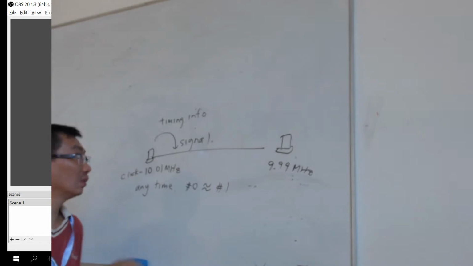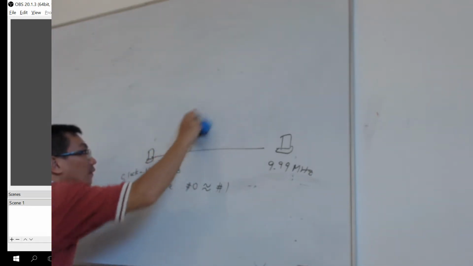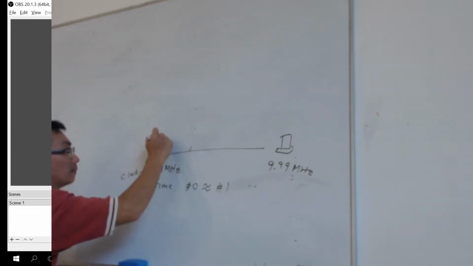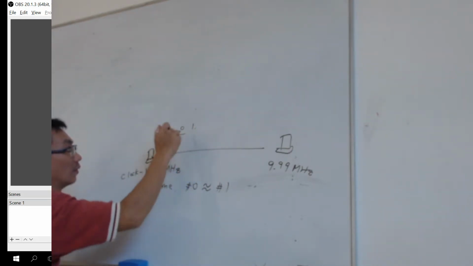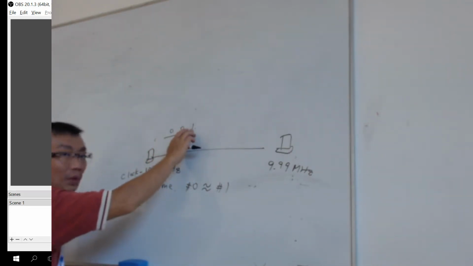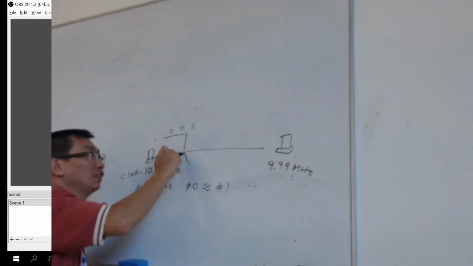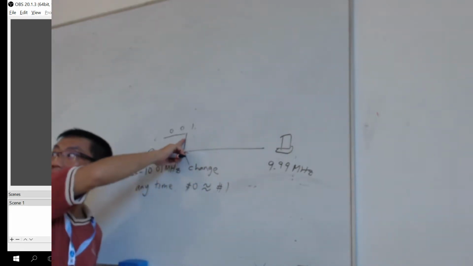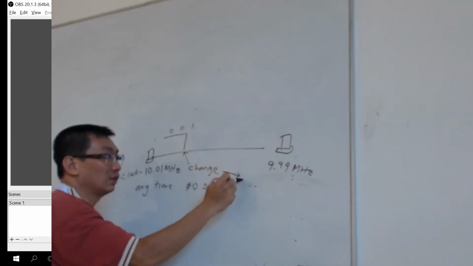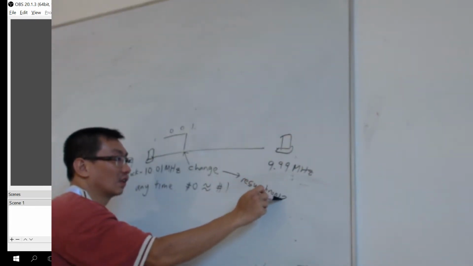Let's say you send 0, 0, 1. From here it goes from 0 to 1, so you know there's a change here, and you resynchronize your clock.